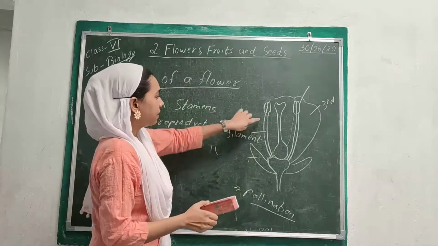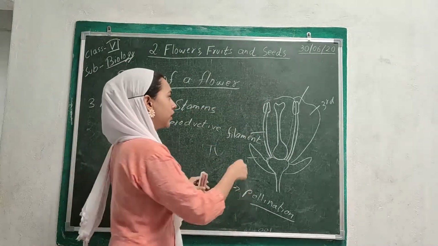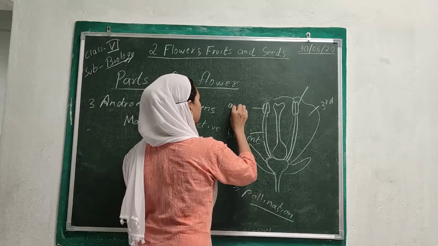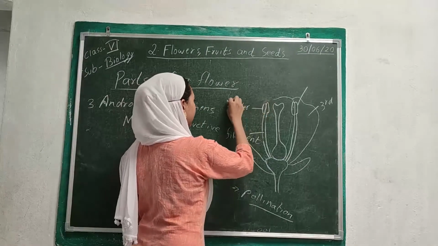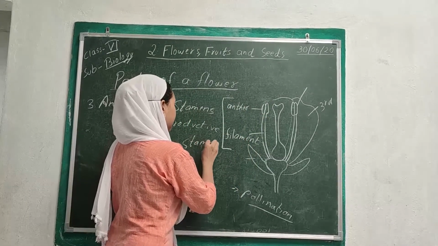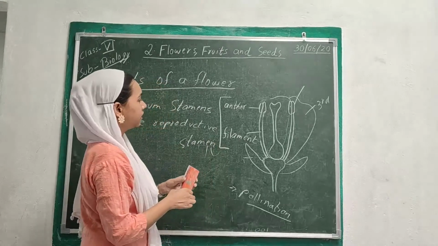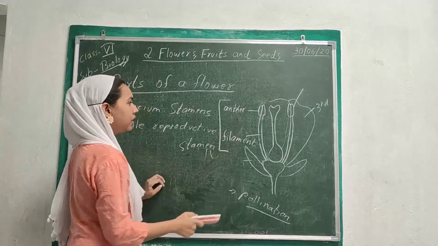And above the filament, you will see a structure which is a bit swollen. This is known as the anther. So the anther and the filament together are known as the stamen. From this you can say that a stamen has two parts, the anther and the filament.